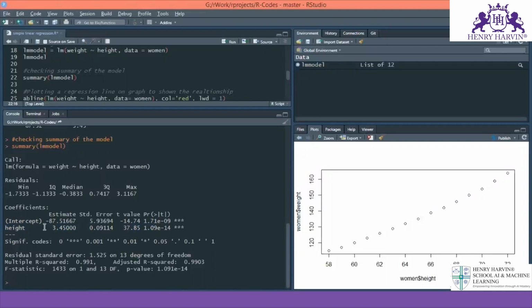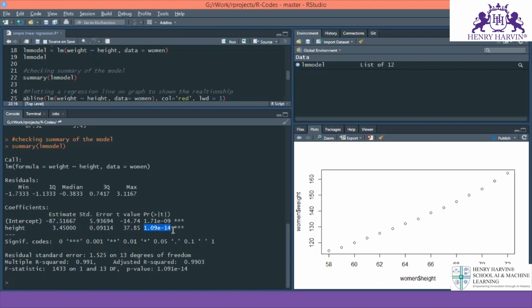It shows the slope value, that is 3.45, meaning that 3.45 times effect will be there on the weight of the women when height increases, or whatever the value of height will be, correspondingly there will be 3.5 times effect on the weight. Next is the t value. T value shows the variation in the range of the height and weight. Next is the p value, that is 1.09 e minus 14.